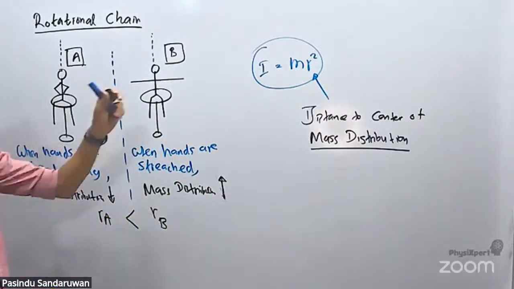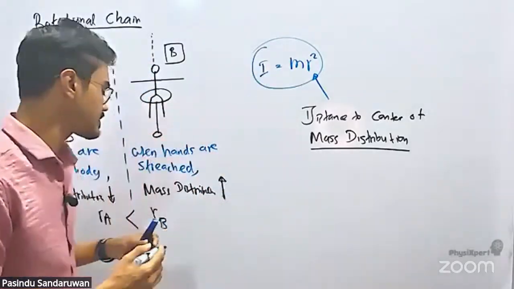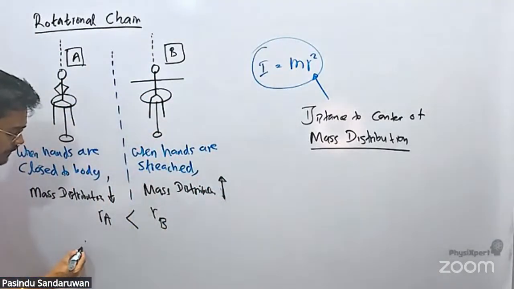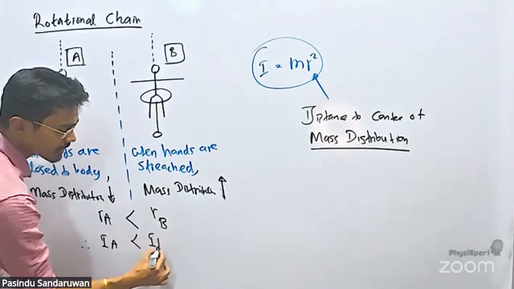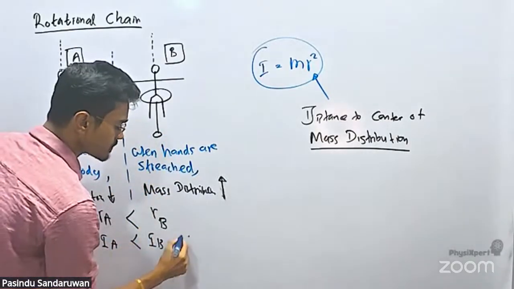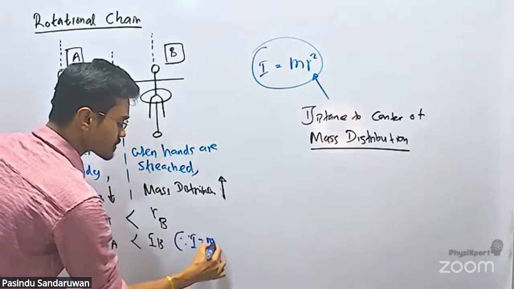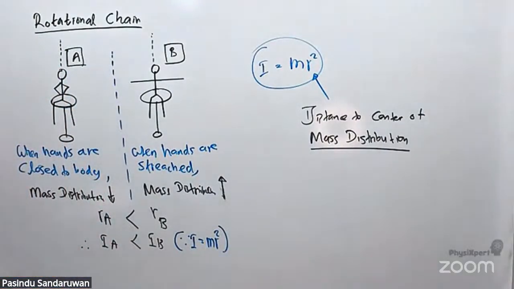When R increases, I increases. So therefore, I can say IA is less than IB, because from this we know I equals MR squared.